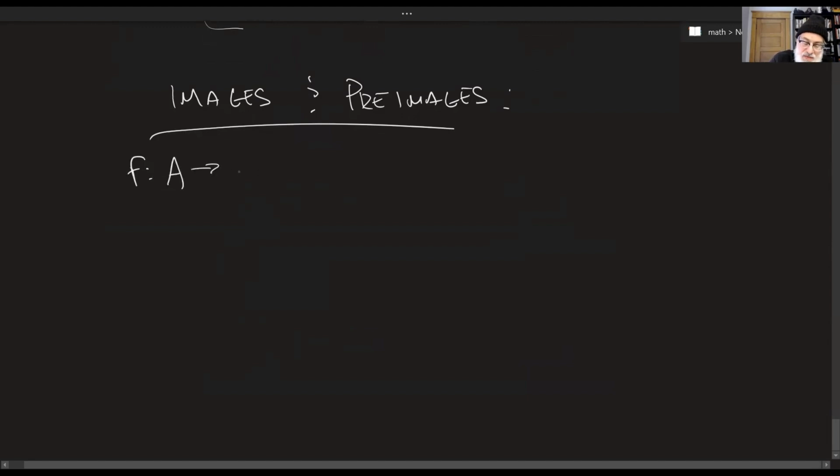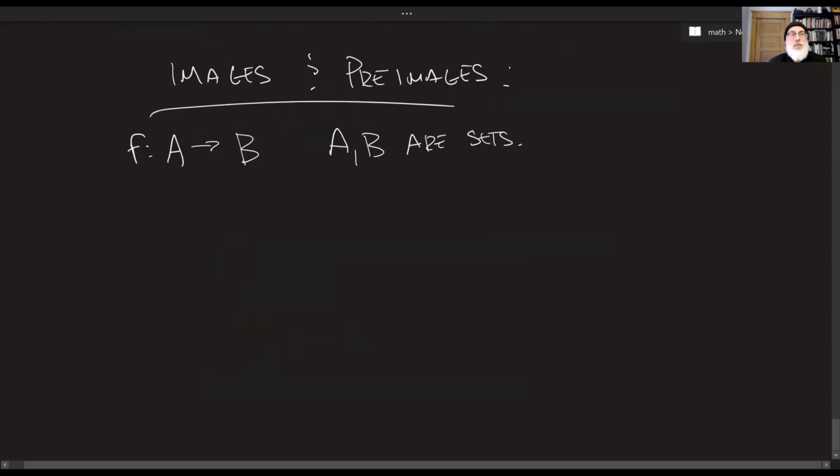So I'm going to have f be a function from A to B. And of course, A and B are sets. The function takes all the elements in A to some element in B. So f defines a function.